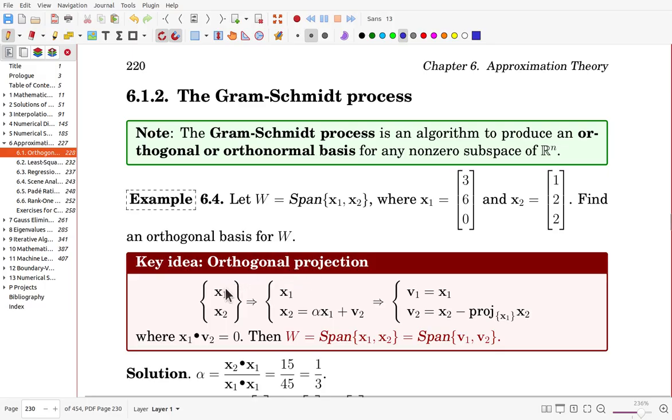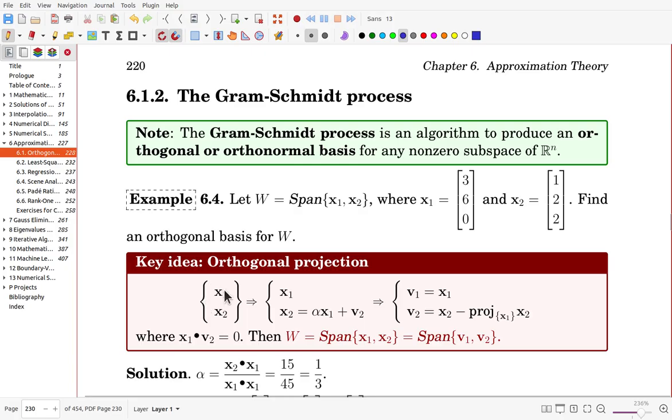We start with x1 and x2. Of course, they are linearly independent, so x1 and x2 form a basis for W.